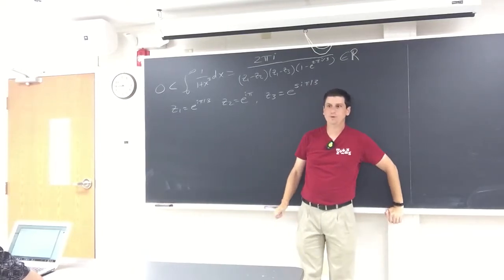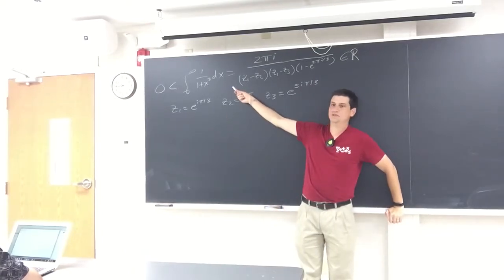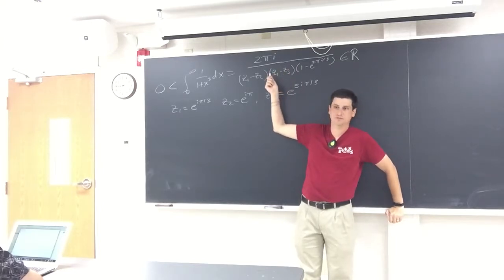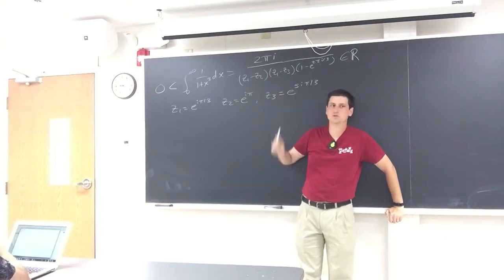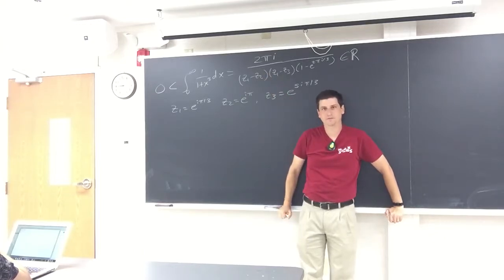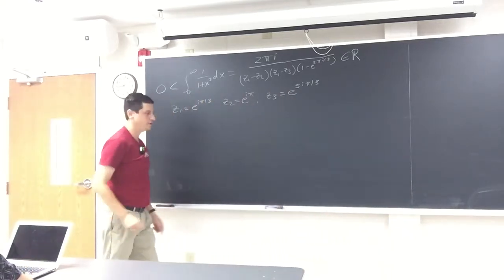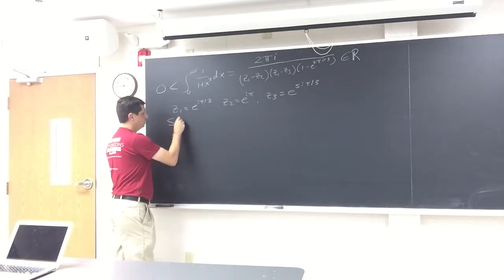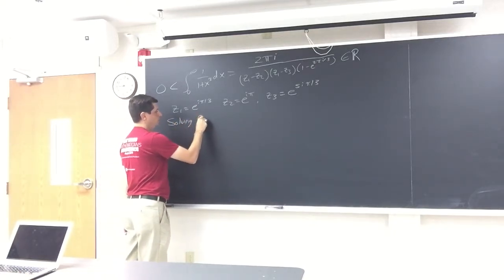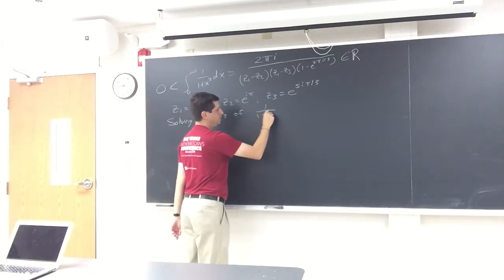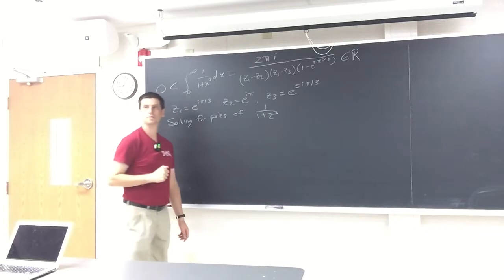So one way to find out what the value of this is, assuming we haven't made any algebraic mistakes, is just take the absolute value of this expression. So multiply it by its complex conjugate, take the square root. That will work. The other thing is to try to write down explicitly what's going on. So we got z1, z2, z3. We were solving for the poles of 1 over 1 plus z cubed, right?